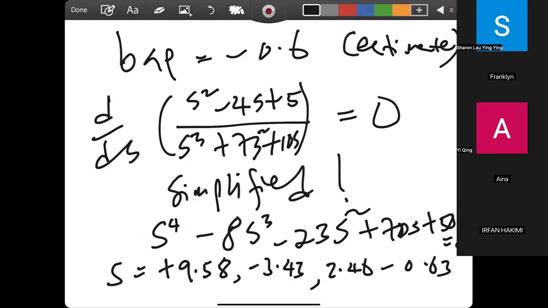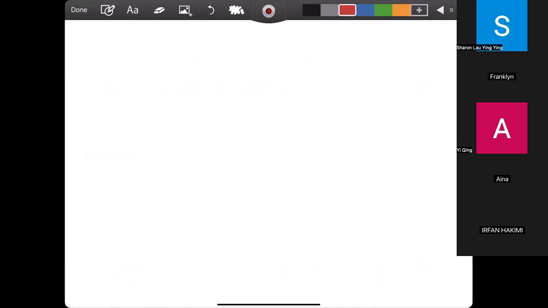So which one do you choose? Negative 0.62. Estimation was 0 minus 0.6, calculation is minus 0.62, so it is acceptable.